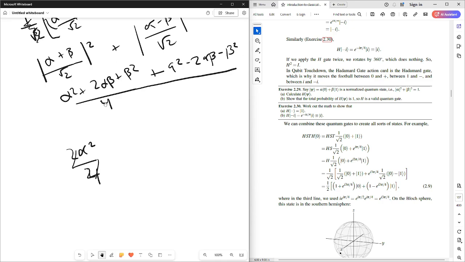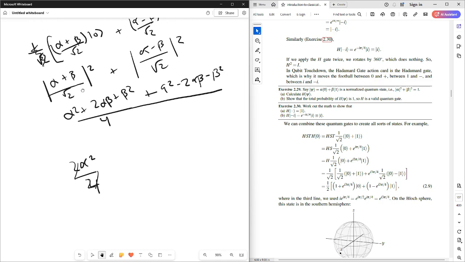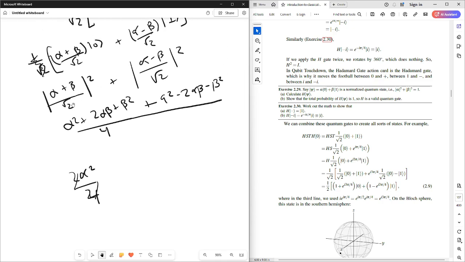All right, I apologize. This is correct. This is the correct state. But then when I was calculating the total probability, that's where things got wonky.